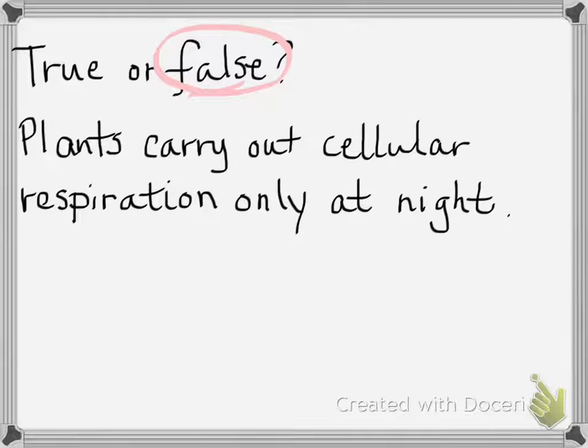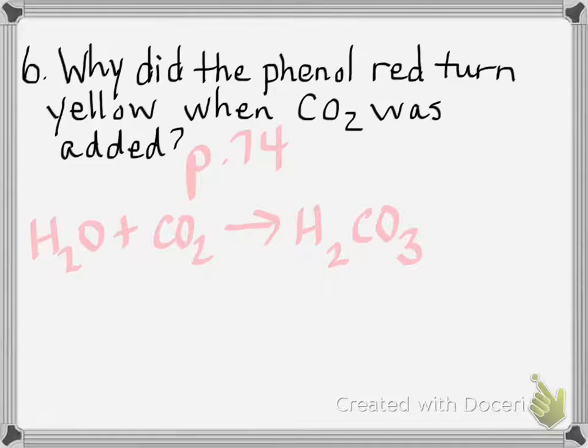And then the water went from pink to another color. What color? Yellow. Okay, what did you make in the water that made it change from pink to yellow? Carbonic acid. That's good. So I wrote that down for you. You already have it there on page 74, I believe, that water plus your CO2 from your lungs made carbonic acid. So the water started out red, and then it turned yellow.